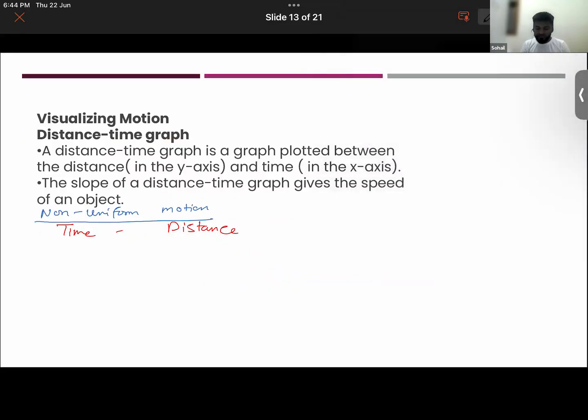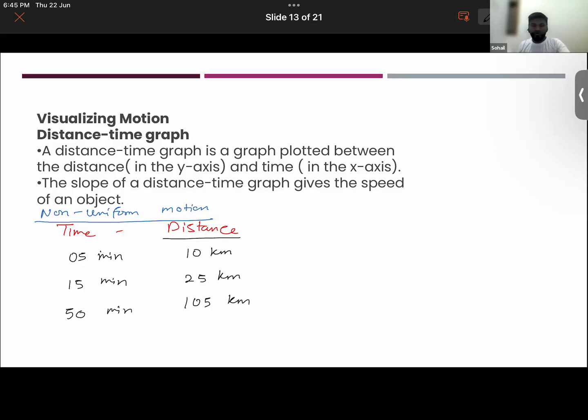Let's say for the first 5 minutes, the distance traveled is 10 kilometer. For the next 15 minutes, the distance traveled was 25 kilometer. And for the next 50 minutes, the distance traveled was, let's say, 105 kilometer.